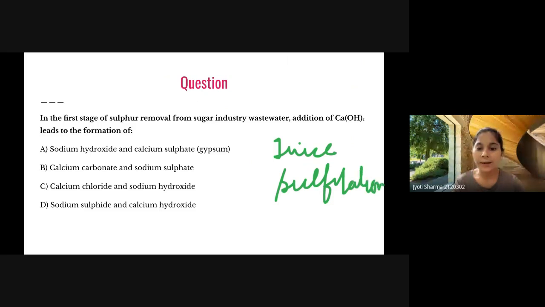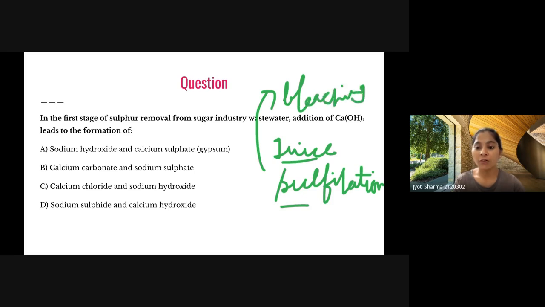There is one step in manufacturing sugar, the juice sulfitation, where sulfur is used as a bleaching agent by which we can remove the color of the cane juice into white crystal, into white color, right? So that's how we are using sulfur. And now we have to remove that sulfur, which will be in the wastewater, and we need to remove that sulfur from the wastewater.